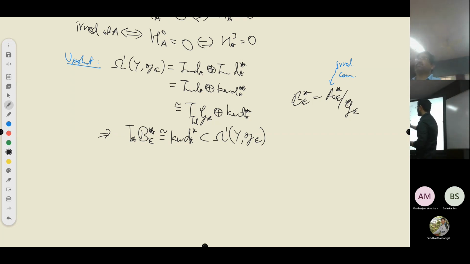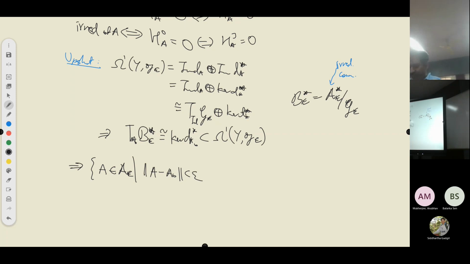Okay, so now we know what the infinitesimal configuration space of connections looks like. I'll refer to this as the configuration space of connections. And we want a chart out of this now. We can actually get a chart just by using standard theorems of differential topology. The chart that we get is as follows. We ask for A, with A minus A naught, so let's call this connection A naught for a moment, to be small enough.